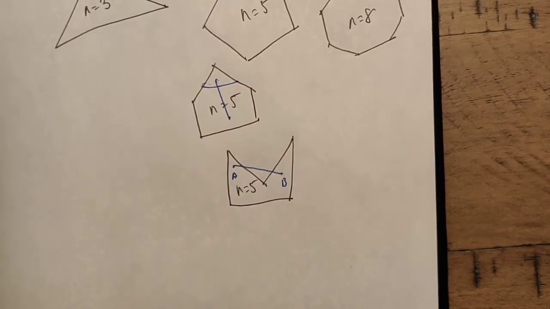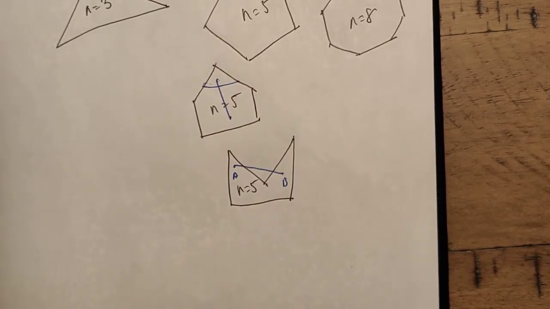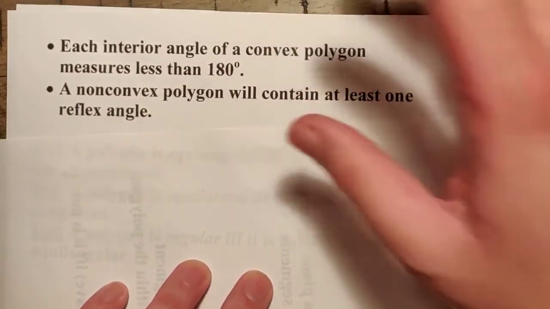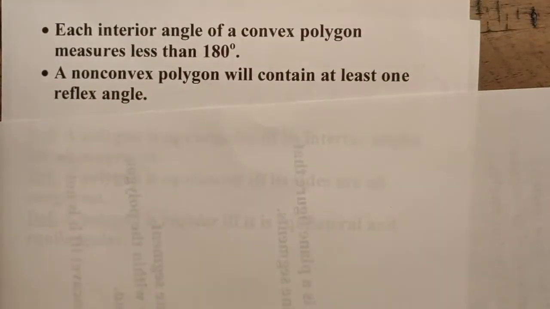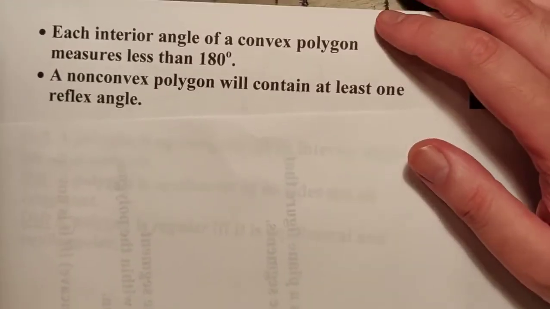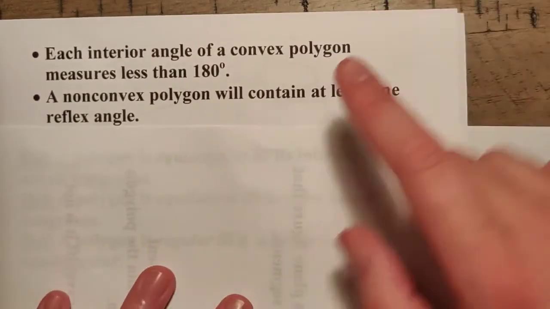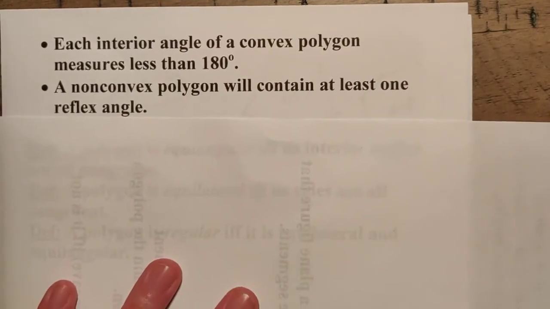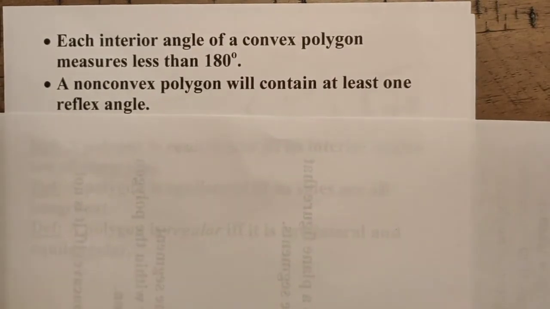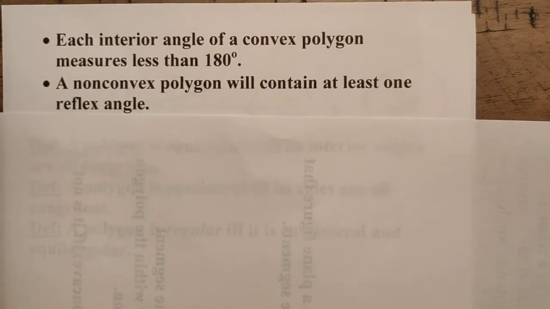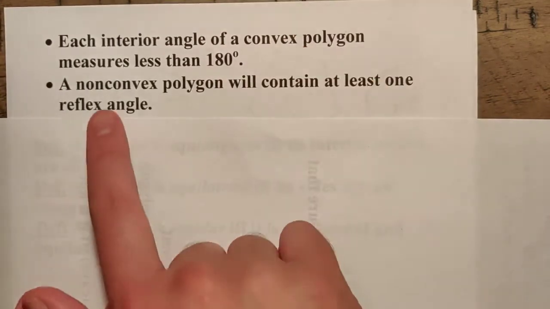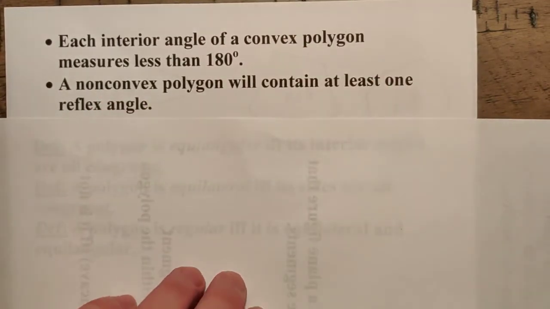Based on this, there are a couple of consequences of this definition. One consequence is that each interior angle of a convex polygon will measure less than 180 degrees. That's going to be really important. In addition, a non-convex polygon will always contain at least one reflex angle.